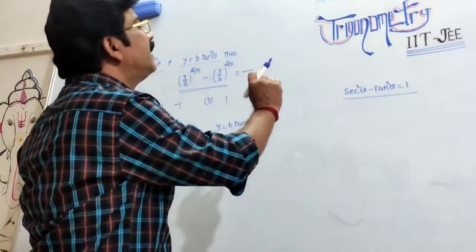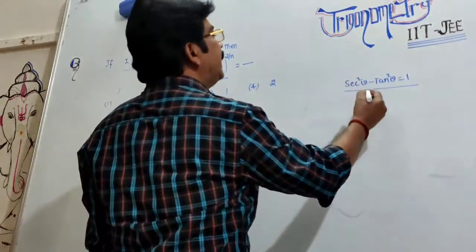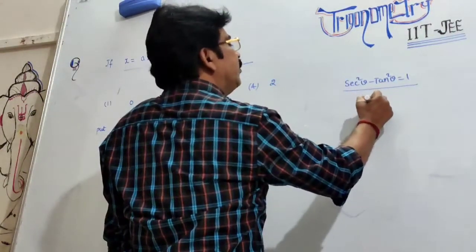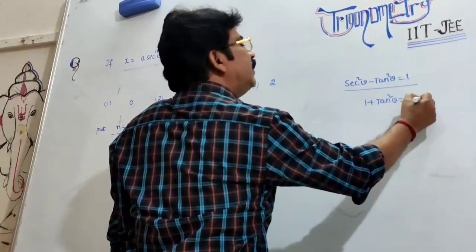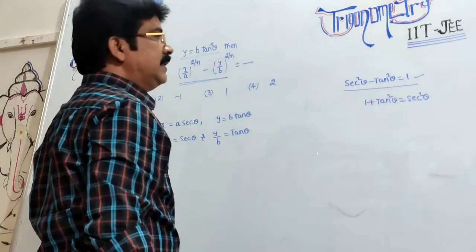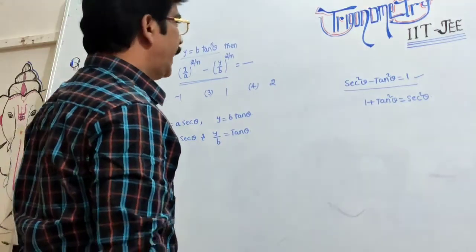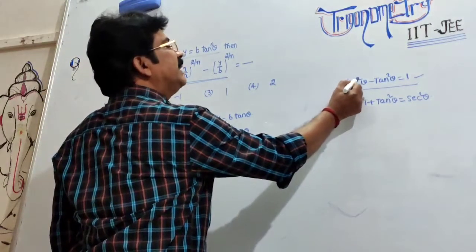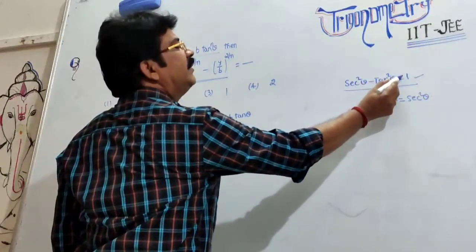It is a fundamental formula. Secant square minus tan square. Already I said that 1 plus tan square theta is equal to secant square theta. From this equation I derived that secant square theta minus tan square theta is equal to 1.